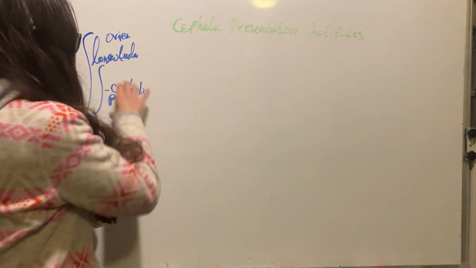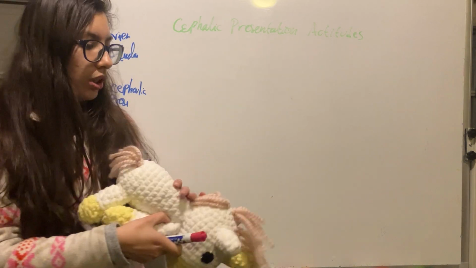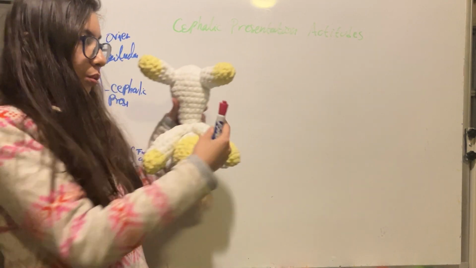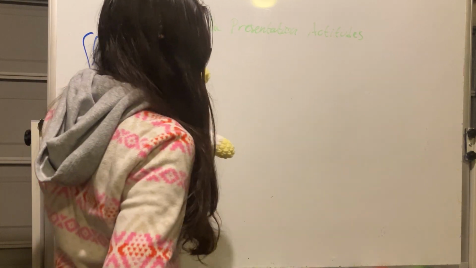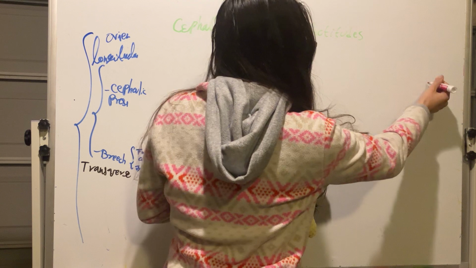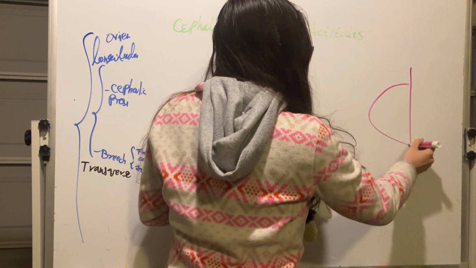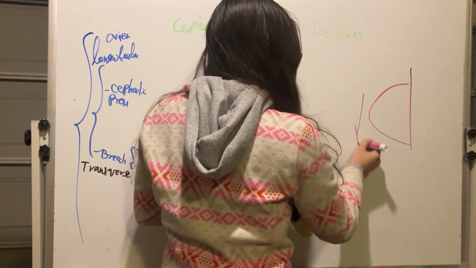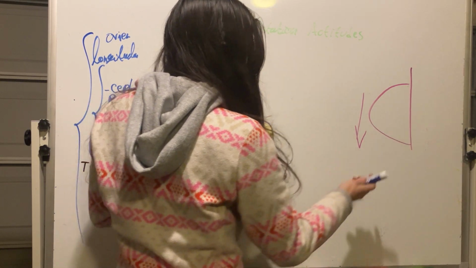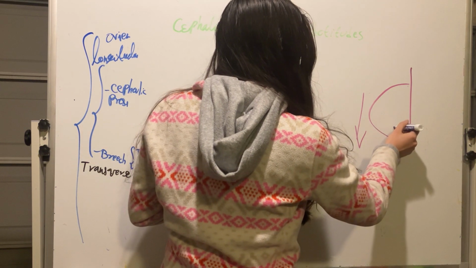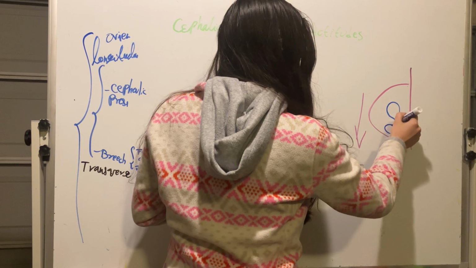So now in the cephalic presentation, we have longitudinal orientation. So let's draw this here. This is a lateral view of the mother. This is the abdomen. This is the longitudinal axis of the mother, and this is the longitudinal axis of the fetus.